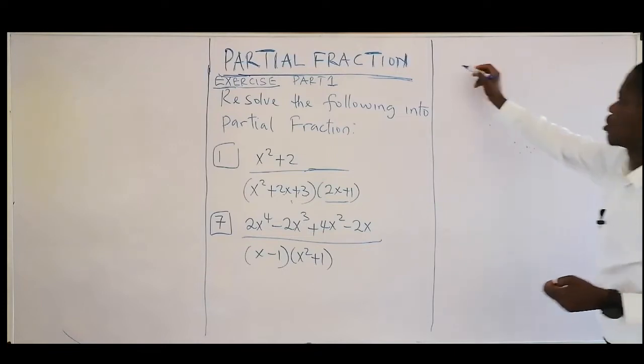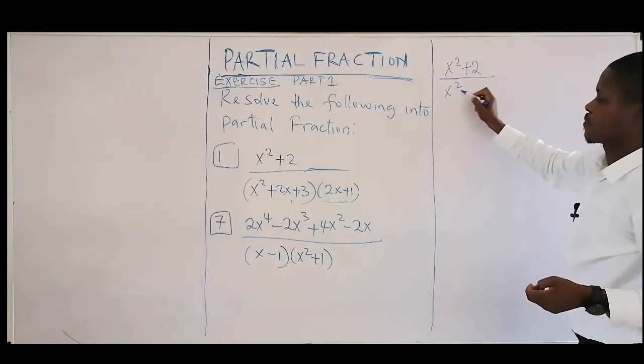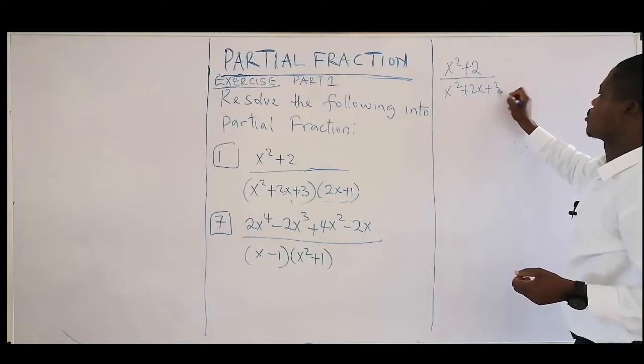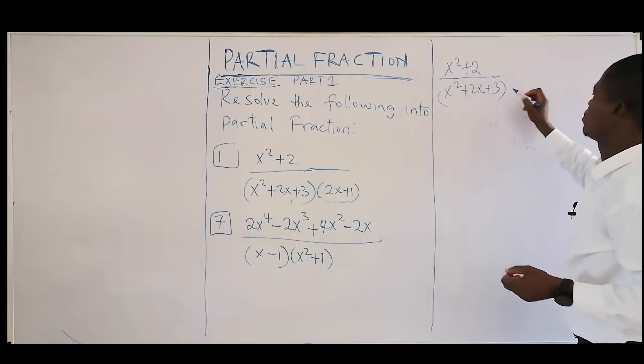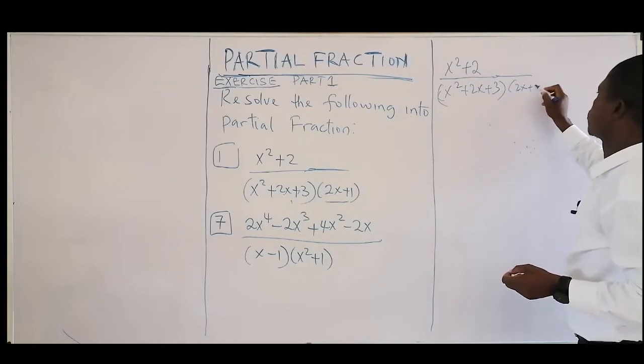So we'll go straight to the work and resolve it into partial fractions: x squared plus 2 over (x squared plus 2x plus 3)(2x plus 1).